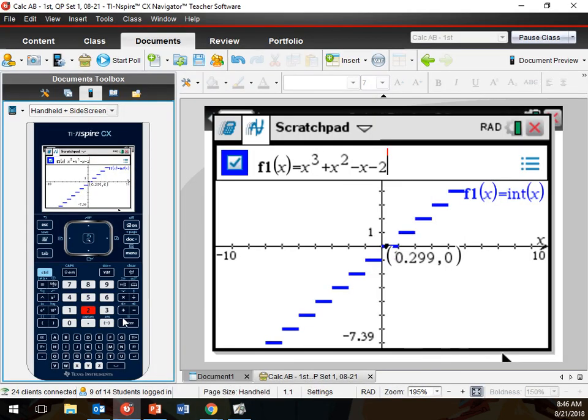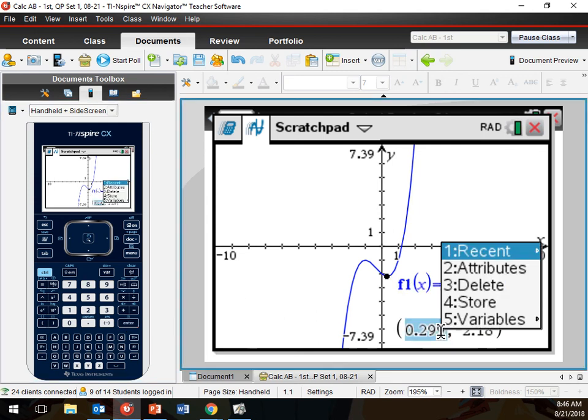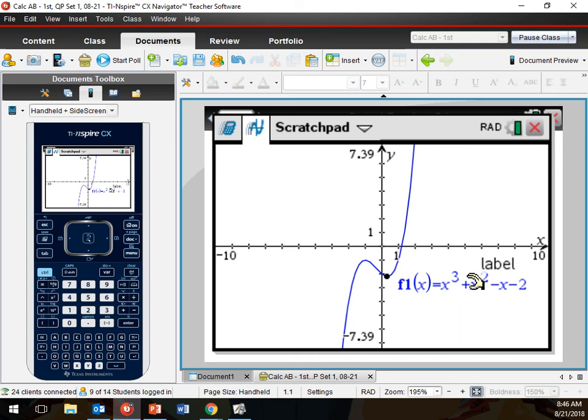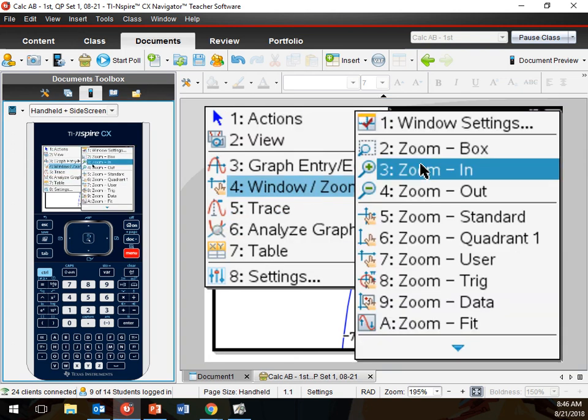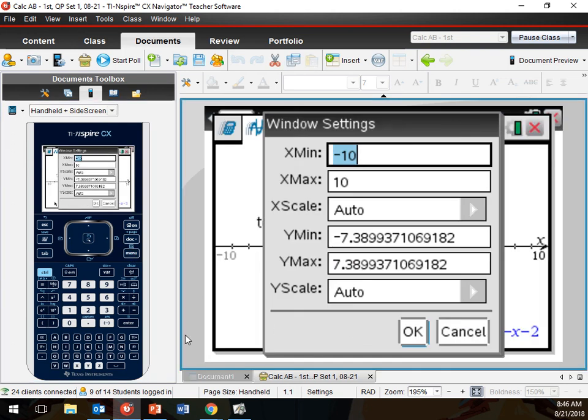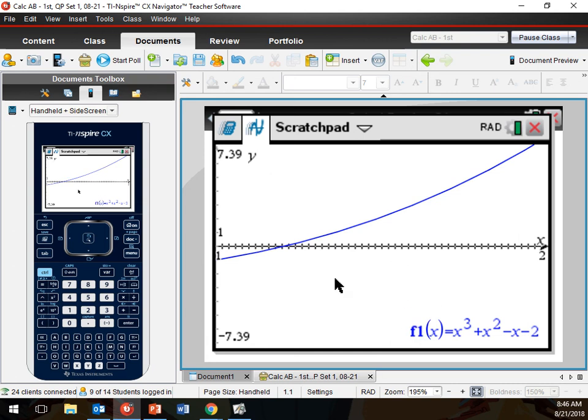Enter. All right, so I have it here, right? Somewhere in between here. Okay, so that means that I only want to look, change my window, and let's go from 1 to 2. So it's somewhere in here, right?